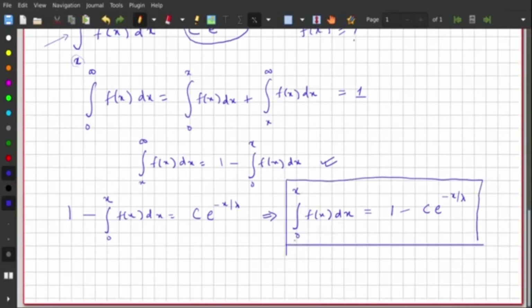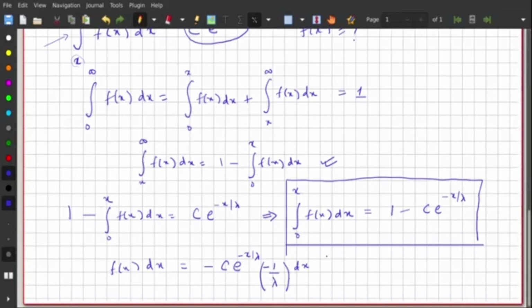So f of x dx equals, taking the derivative with respect to x, minus c, the derivative of the exponential is the exponential itself, e to the minus x over lambda, times the derivative of the exponent, which is minus 1 over lambda, dx.